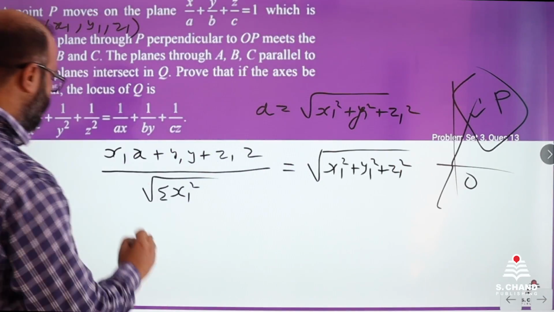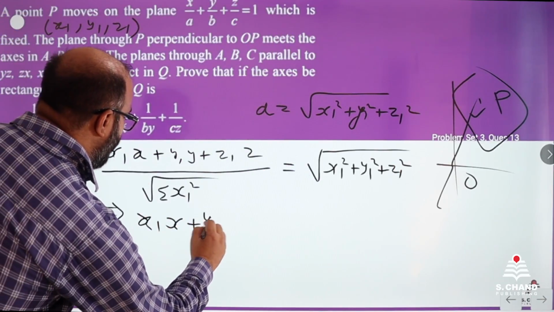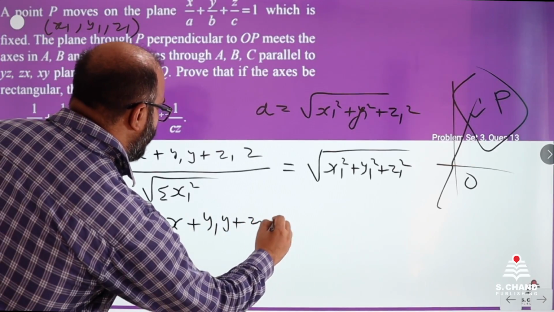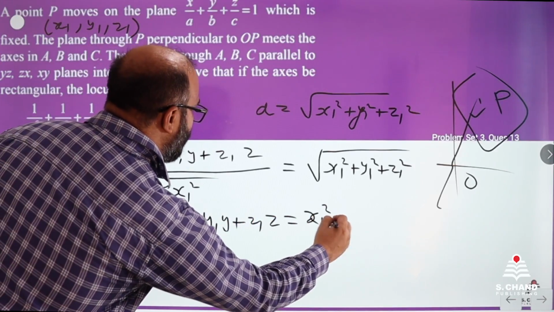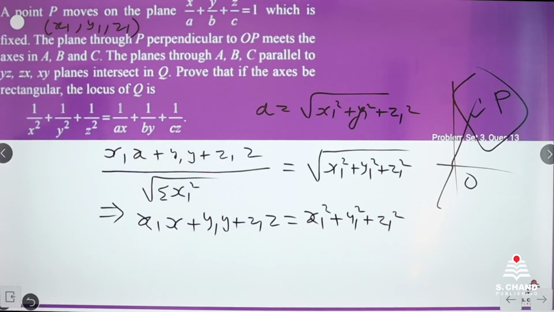This can be written as x1 x plus y1 y plus z1 z is equal to x1 square plus y1 square plus z1 square. After this, it is saying that the plane meets the axes at A, B, and C.